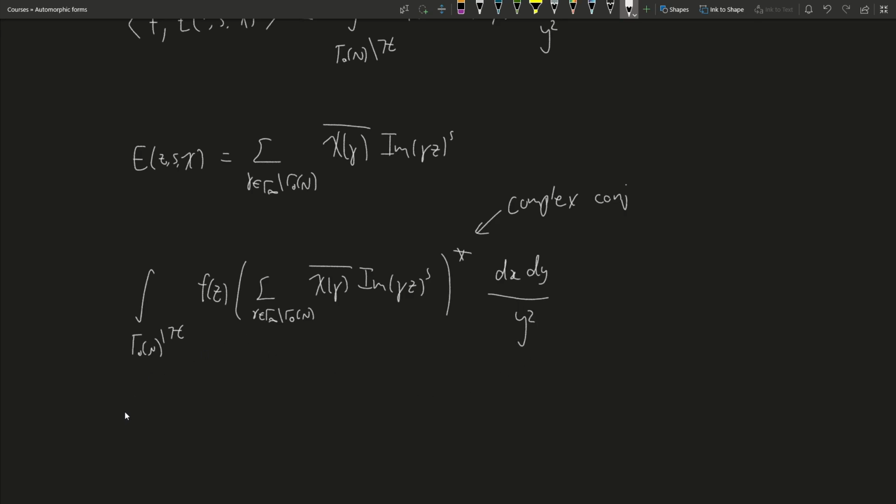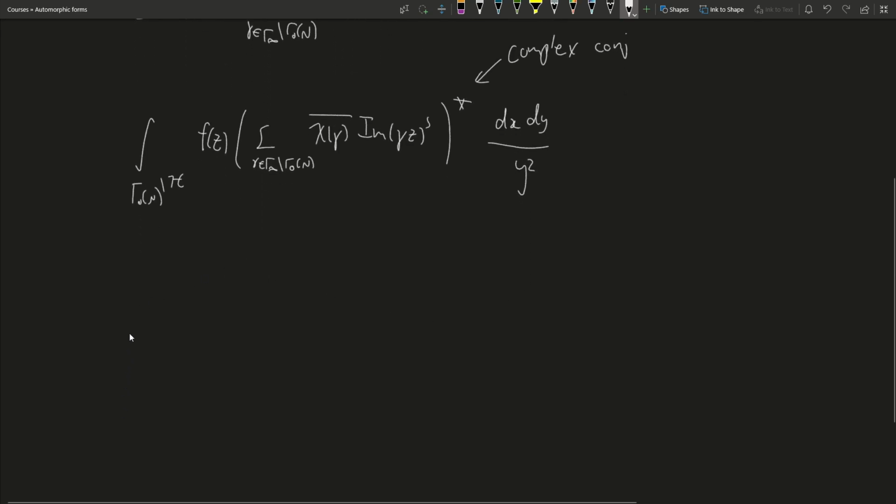Next step is to swap the order of summation and integration. So this is equal to the sum over γ in Γ_∞ mod Γ_0(N) of χ(γ), here we just have a χ(γ) because it's a χ(γ) bar, but we have a complex conjugate here. And we have our integral over Γ_0(N) modding out the upper half plane.